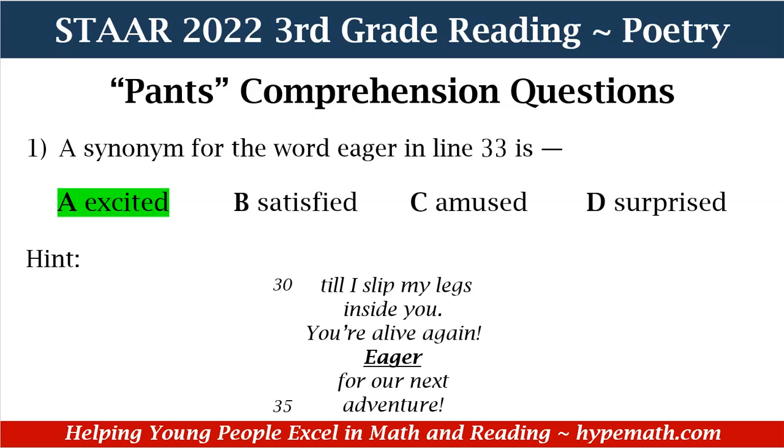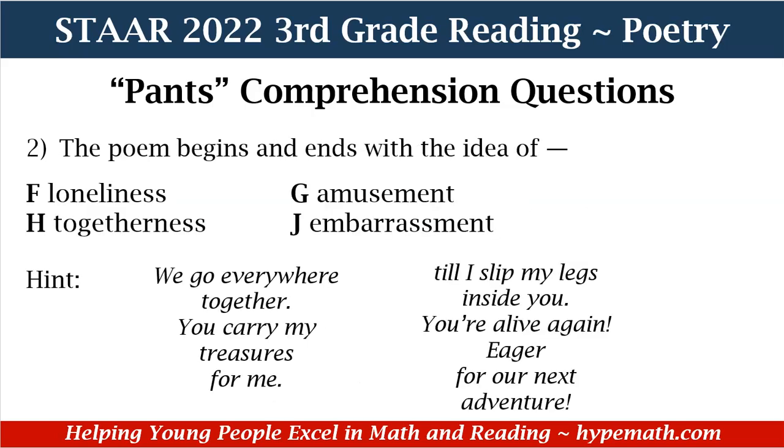Let's look at number 2. The poem begins and ends with the idea of F, loneliness, G, amusement, H, togetherness, or J, embarrassment. So let's take a look at our hints. We have the beginning and the end of the poem again so that we can take a look to see what is the correct answer choice.